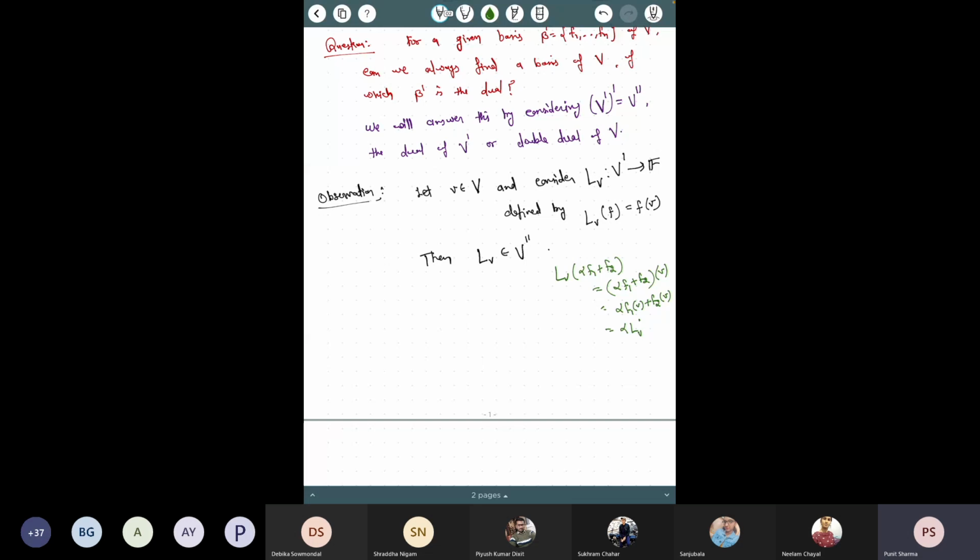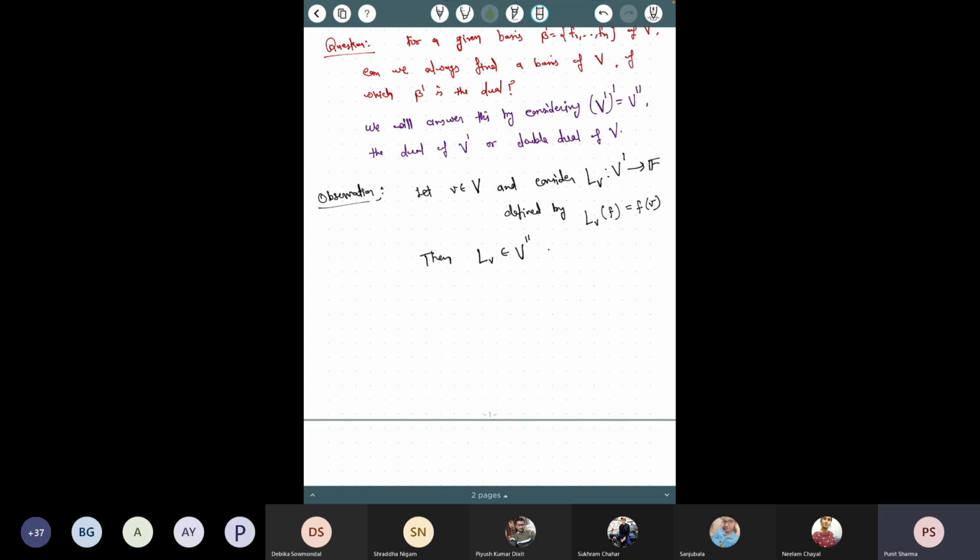So this is linear. So for every vector V, there is a way to obtain a linear functional on V dash, or an element in V double dash. Now if I send every vector V to this L_V, then I can relate these two spaces V and V double dash. I will see whether this mapping is an isomorphism or not.